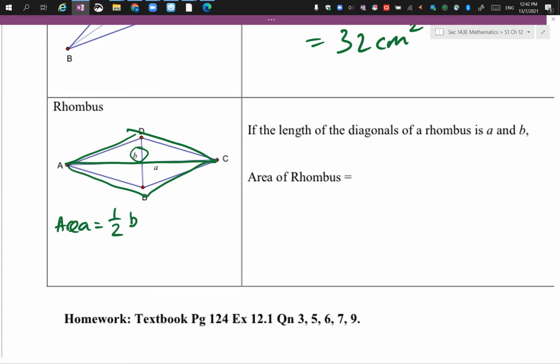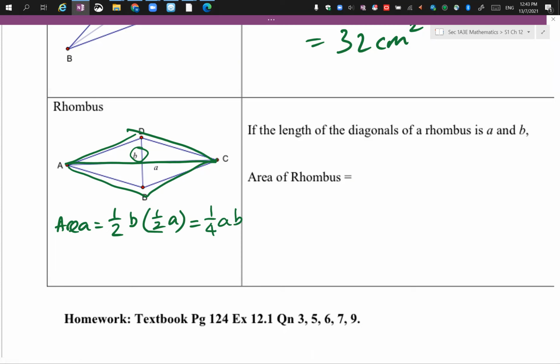Are you sure it's A? Half A. So what is the area? 1/4 of AB. That is the area on top, right? Can you visualize what's going to happen already?